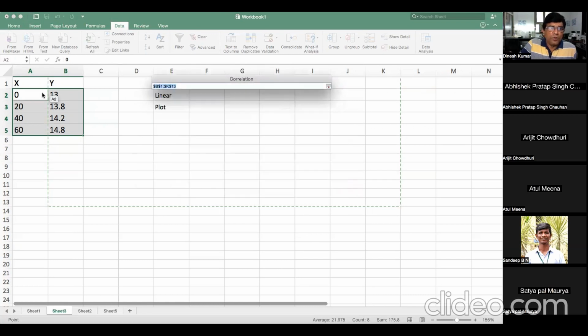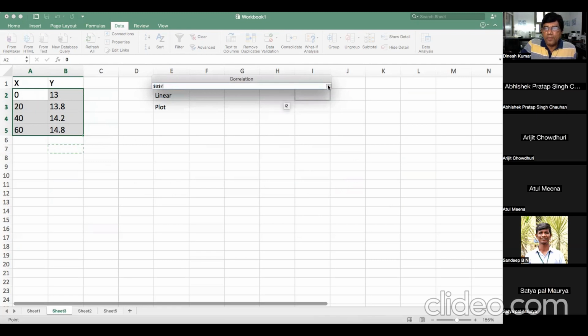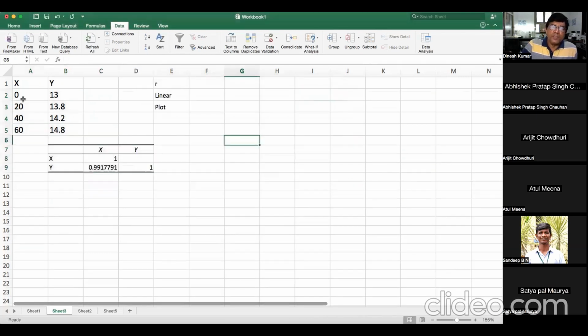Minimize it, go to input range. This is your input range. Select everything here, and then labels in the first row, output range. You want output here, and then click OK. So these are two variables, and you get the correlation coefficient.